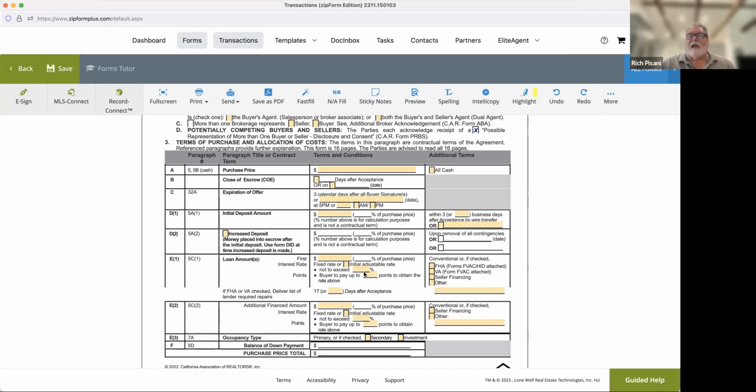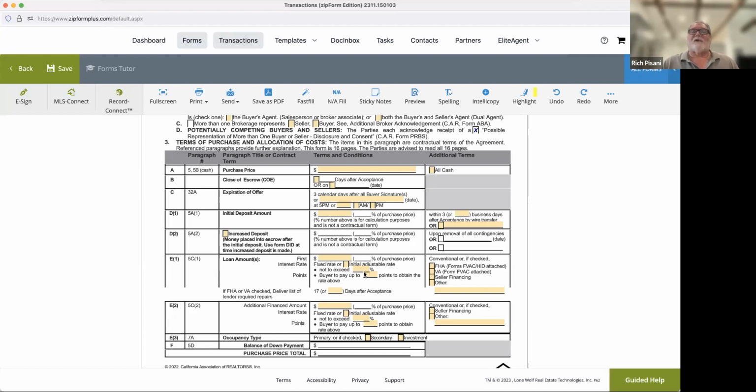If you leave it blank, it's like if rates go crazy while you're in escrow, say when you go into escrow you're at 7%, and then while you're in escrow it goes to 8%. That's a percentage point that creates more money that the buyer has to pay monthly.